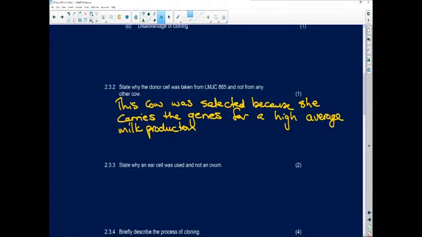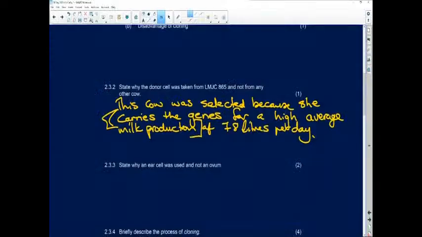It's only 1 mark, but you could say milk production of 78 liters per day. But really, she was selected because she carries the genes for a higher than average milk production. That is why she was chosen. They want to create another cow that can produce milk like this.